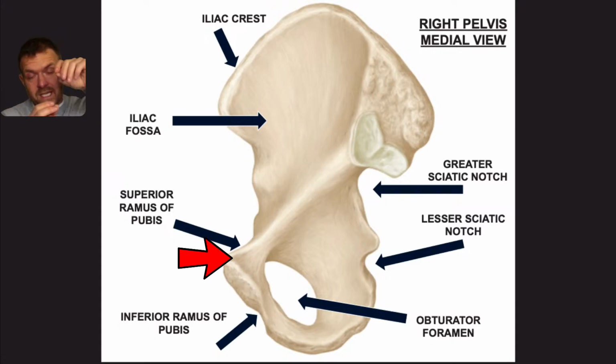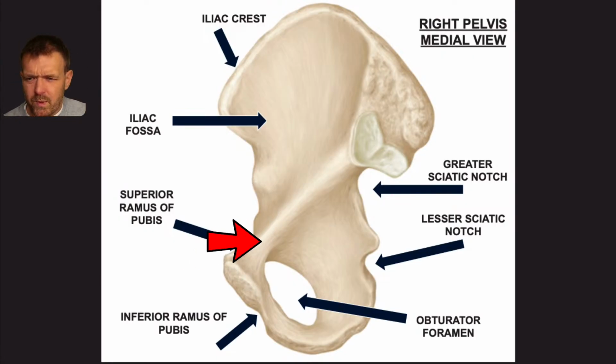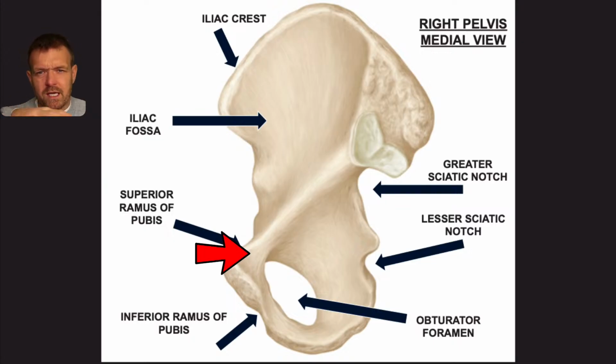These are basically an upper branch and a lower branch coming off of that pubic bone. These become important later on when we're looking at the pelvic floor muscles and around that region, so it'd be useful to keep those in your mind for later.